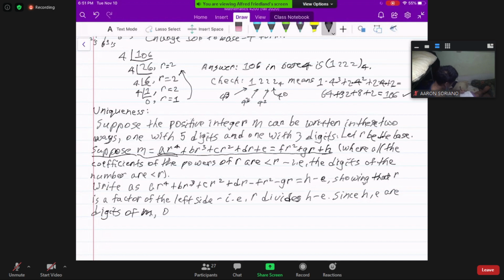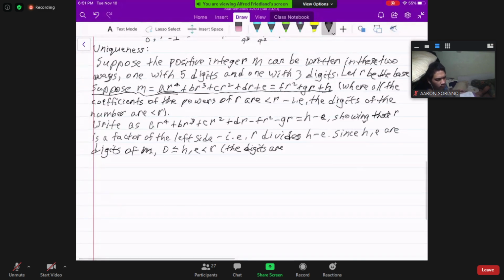So again, as we just said about 10, base 10, any number base 10 has digits that are all less than 10. And so as we showed on Thursday, the digits are all less than the base, which is R.